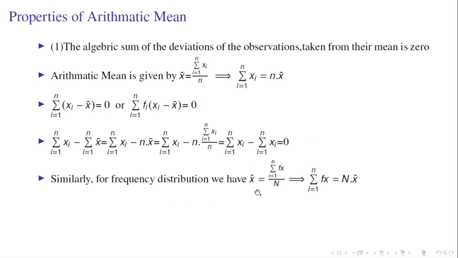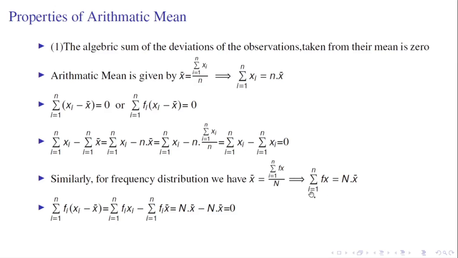Similarly, for frequency distribution, x bar is equal to summation i is equal to 1 to n fi xi by n. From this, summation fx is equal to n into x bar. Here also take this equation summation fi into xi minus x bar is equal to, take summation fi inside, summation fi xi minus summation fi into x bar.